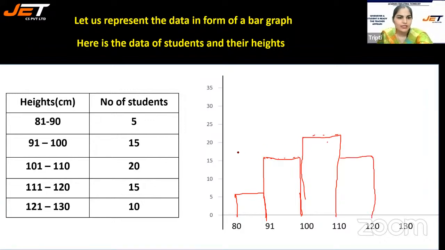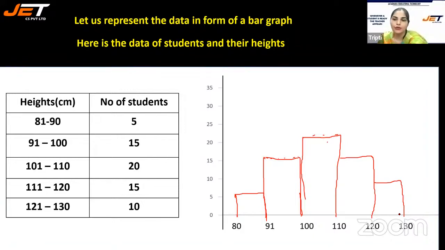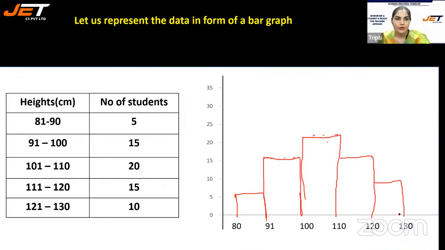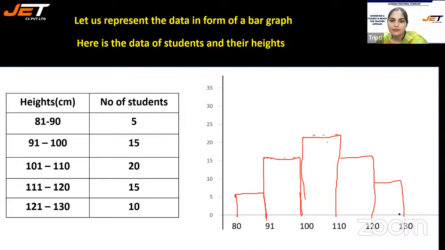Then 121 to 130, it's 10. So right here. This is a histogram. And that's how you have to do it. Okay? I hope it is clear to you, dear children. If this is so, then now we can move to the next one.